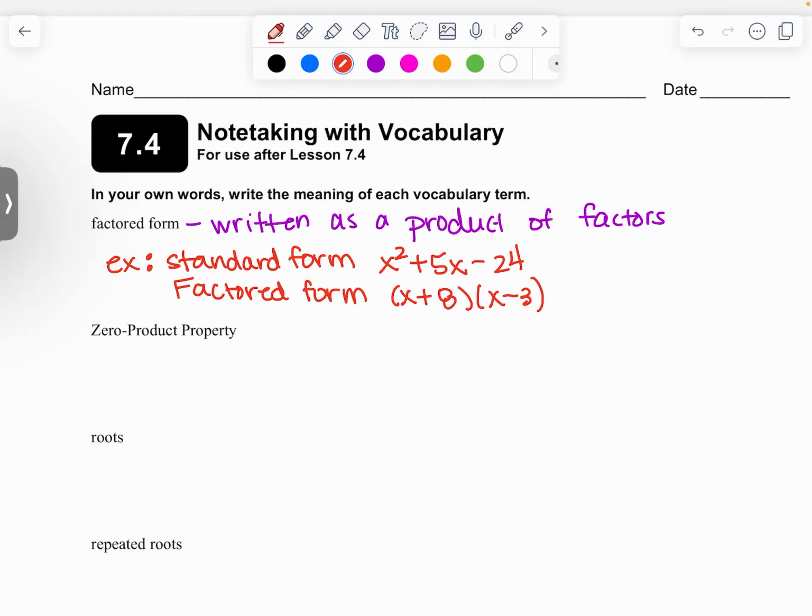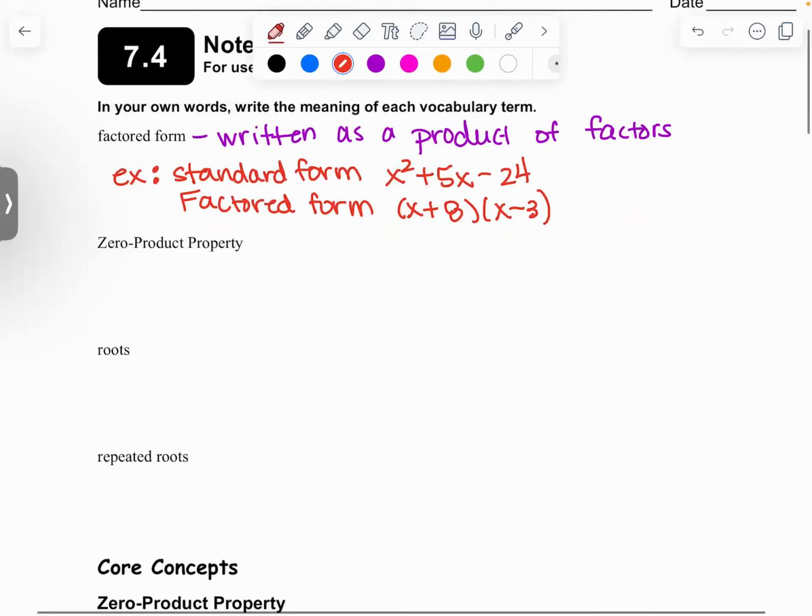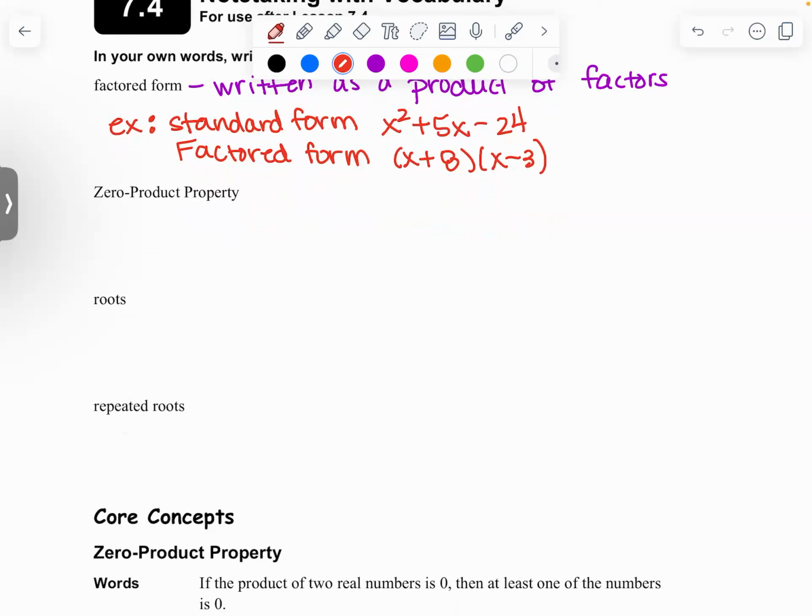Now, the reason we're talking about factored form is because we're going to use something called the zero product property. No matter what number we take, what is anything times 0? So anything times 0 equals 0.